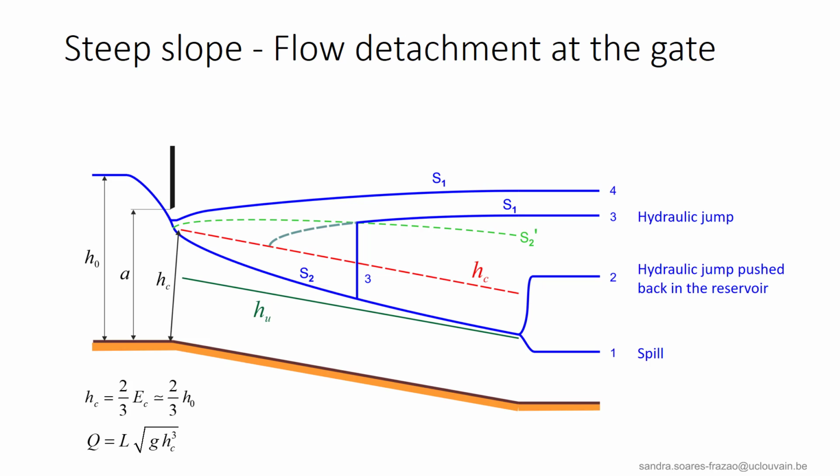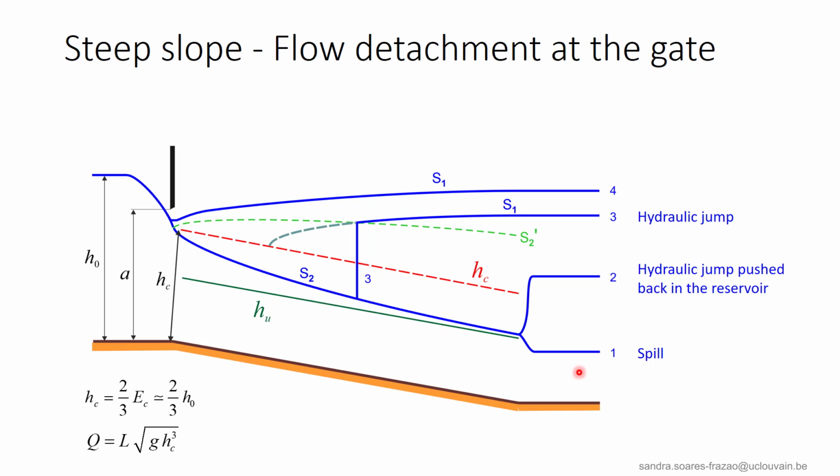If the gate opening now becomes larger than HC, we have again a detachment of the flow from the gate, and we can have a control section at the gate with the critical depth that can be obtained, for example, from the water depth H0 in the reservoir, if we assume that the velocity in the reservoir can be neglected.